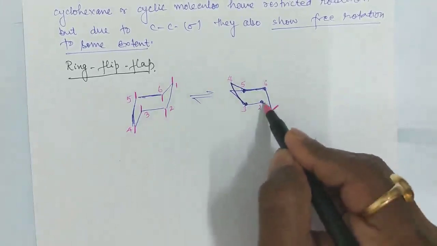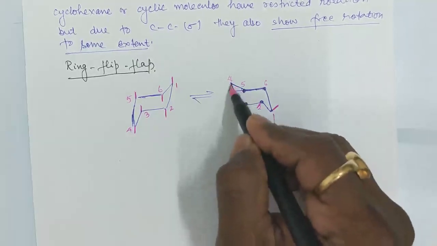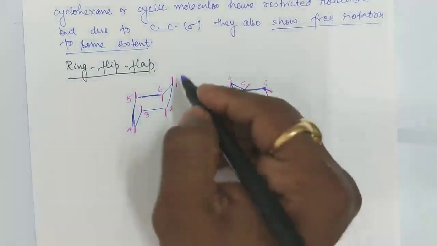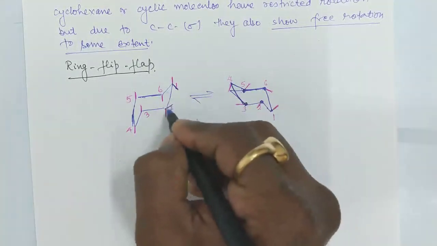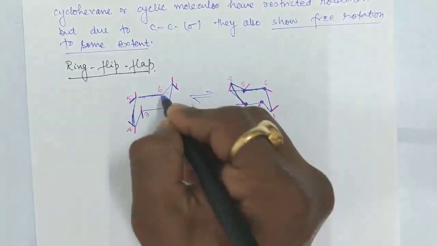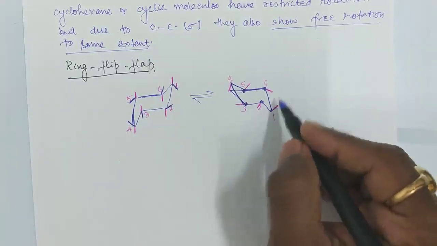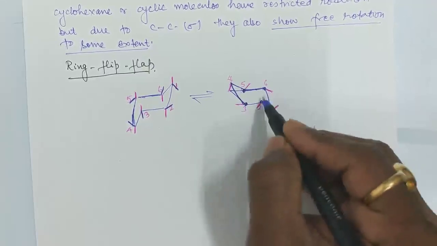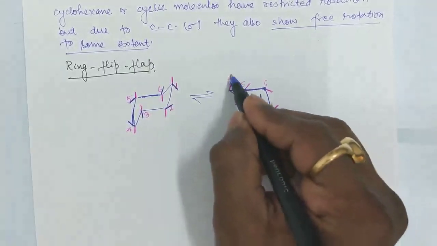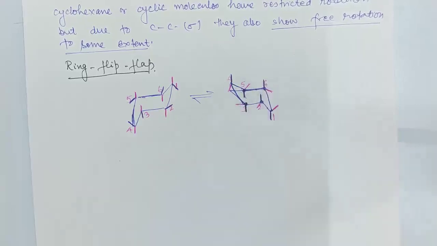And whatsoever equatorial bonds are there, like this, like this, like this, they become axial. So this green color is axial, and pink color is equatorial, like this.